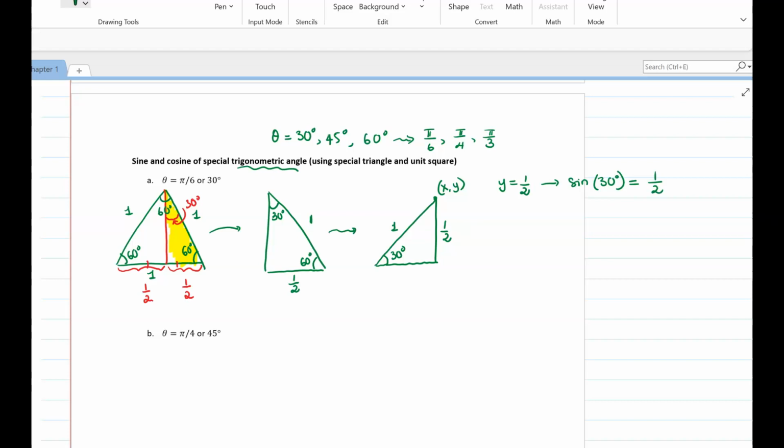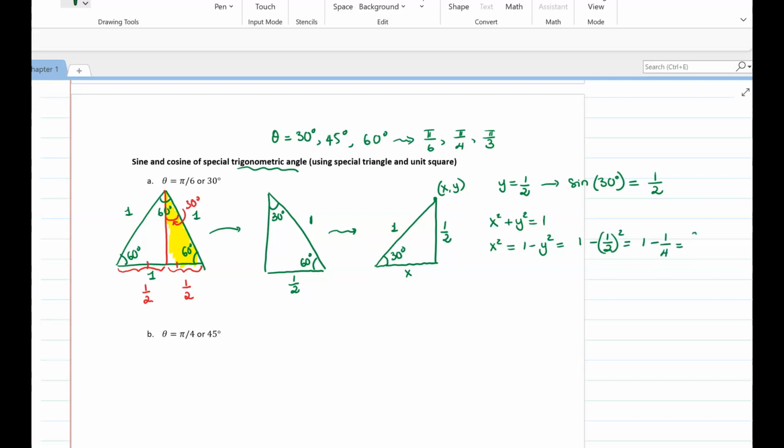Well, we can find x by using the Pythagorean theorem. So this here is x. x squared plus y squared equals 1, so x squared equals 1 minus y squared. That is 1 minus (1/2) squared, that is 1 minus 1/4, and that is 3/4.